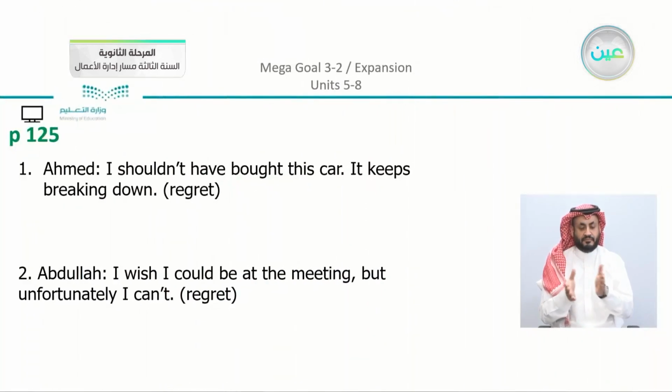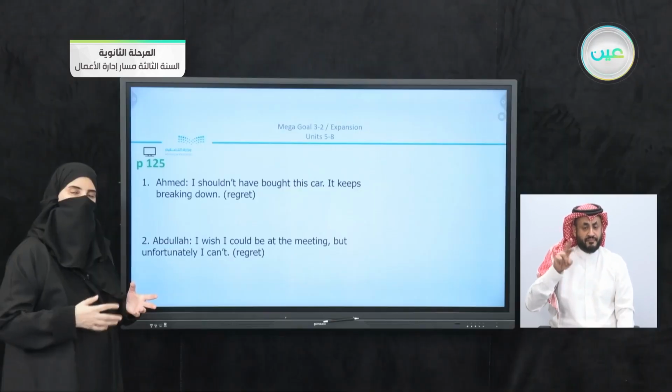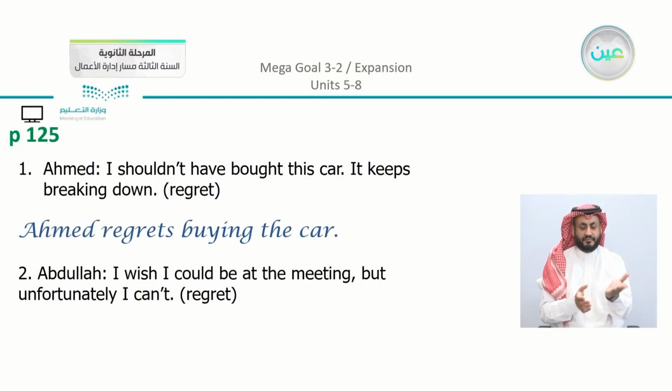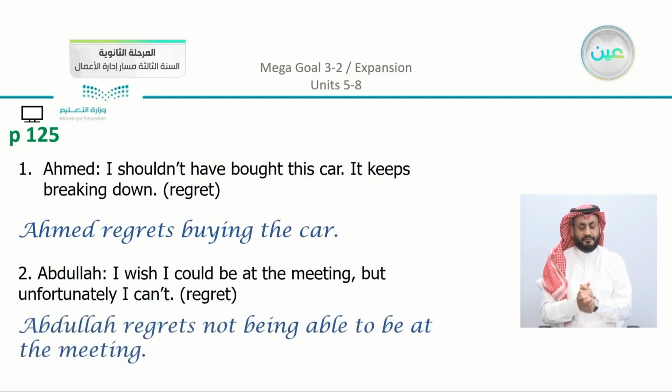Now, we are going to start. We have the first one, Ahmed. Ahmed said, I shouldn't have bought this car. It keeps breaking down. Now here we have the verb regret. He bought something and he regrets buying it. We can see here the sentence, Ahmed regrets buying the car. In the second sentence, you can see the difference.